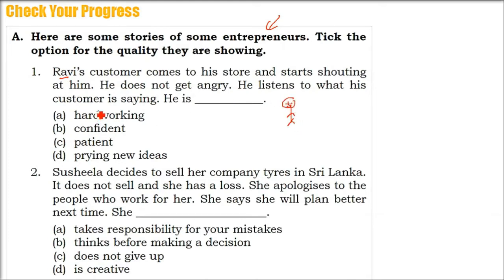He listens to what his customer is saying. So he's very patient, very understanding, very calm. He knows how to behave, how to react, how to take all this criticism or angriness from others. He may be hardworking, confident, yes, but he is patient here. He may be trying new ideas, but the thing is, he is patient. This is the answer: patient.